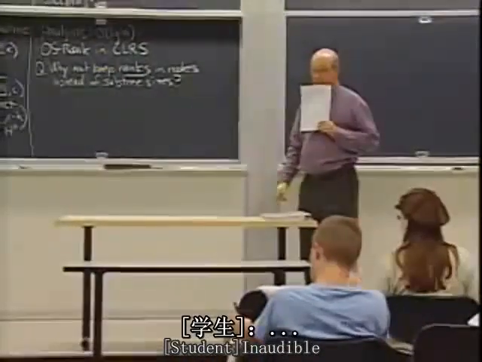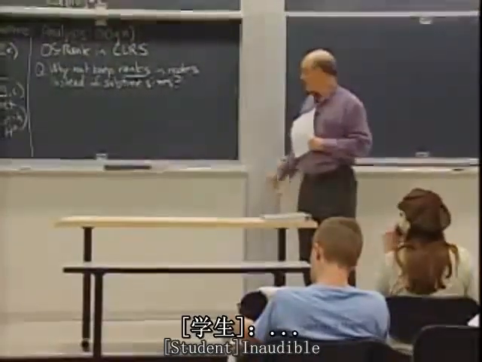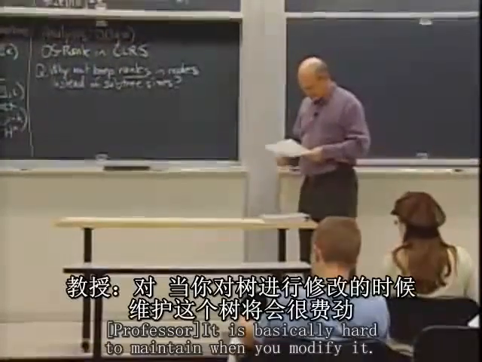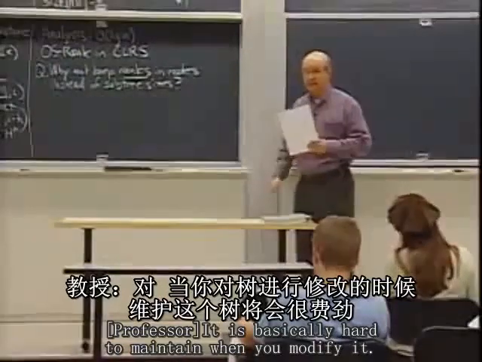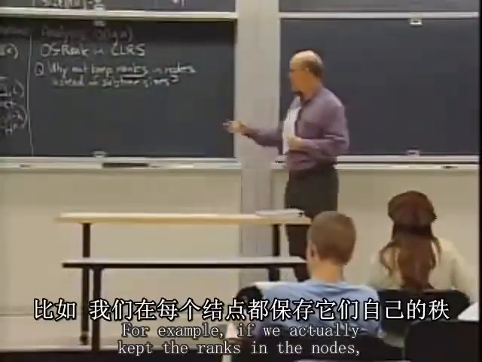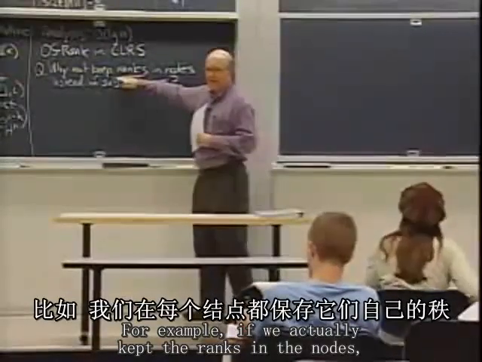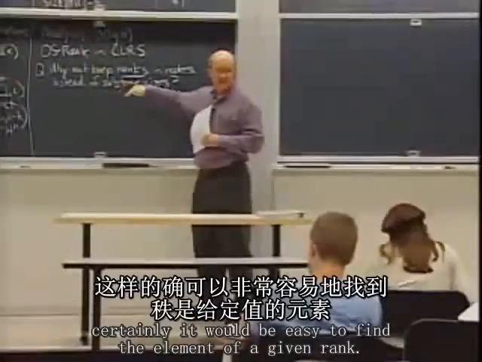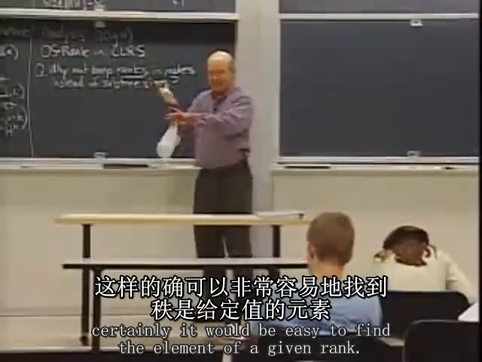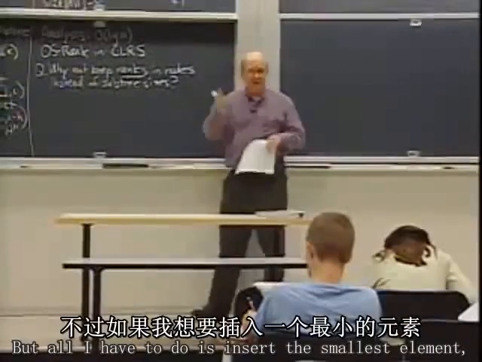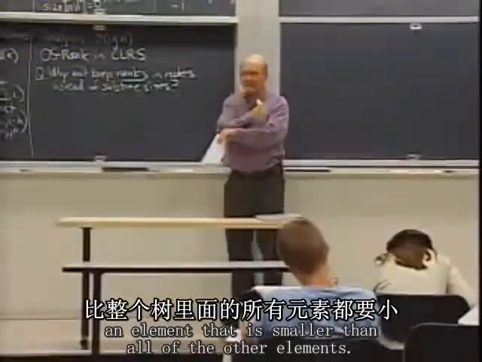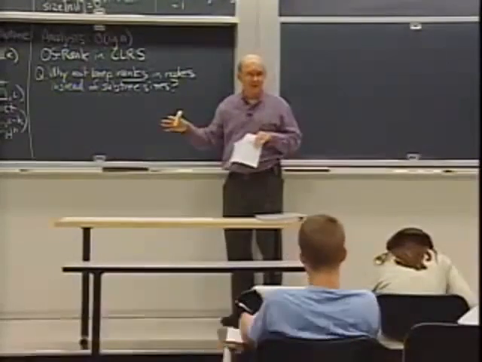Well, the reason we don't want to store the rank in the actual node is that it takes order n time for insertion and deletion. Yeah, that is, it's basically hard to maintain when you modify it. So, for example, if we actually kept the ranks in the nodes, certainly it'd be easy to find the element of a given rank. But all I have to do is insert an element that's smaller than all the other elements, and what happens?